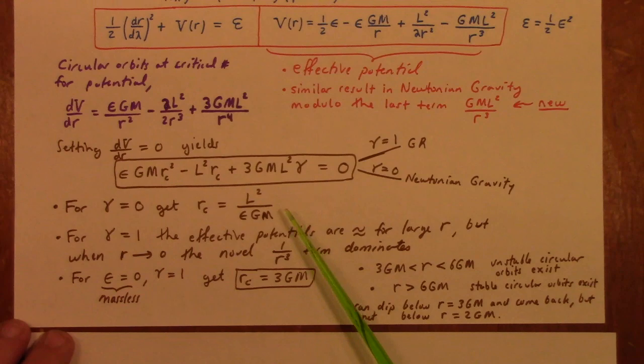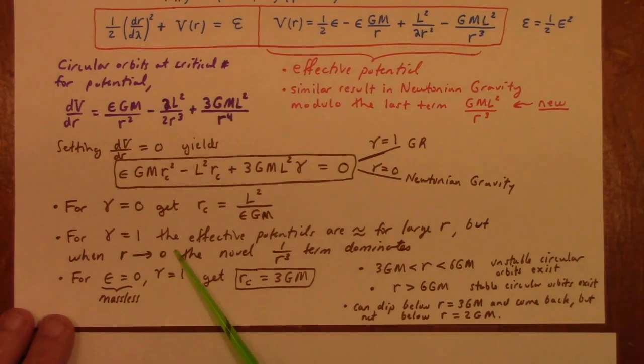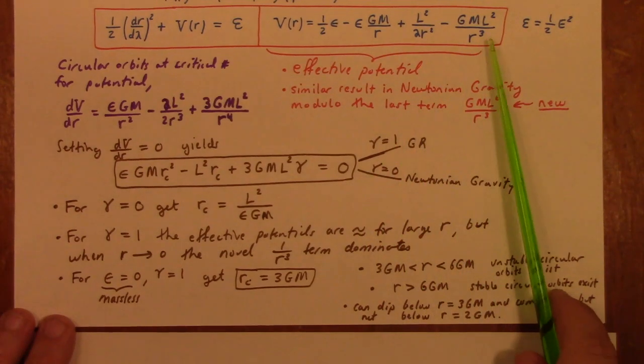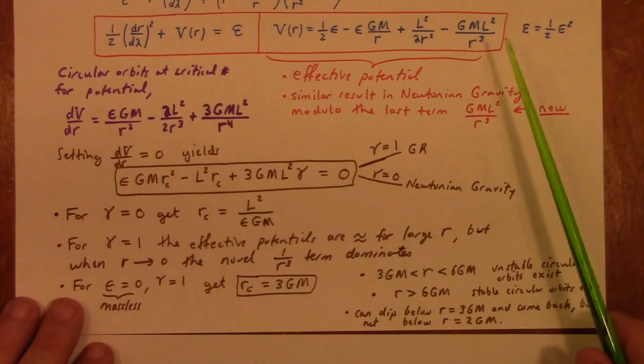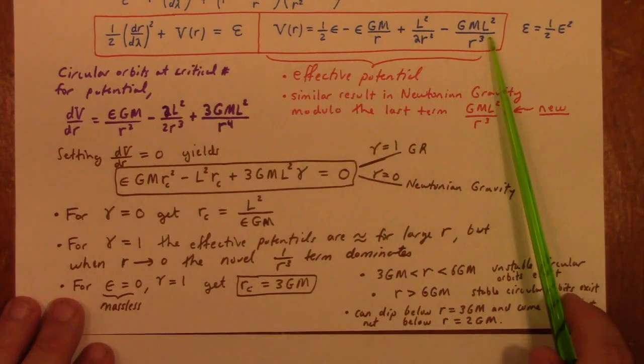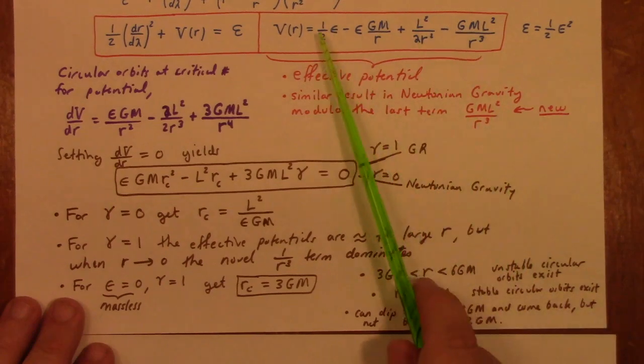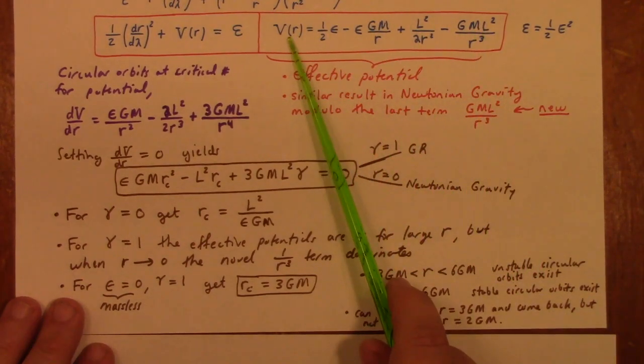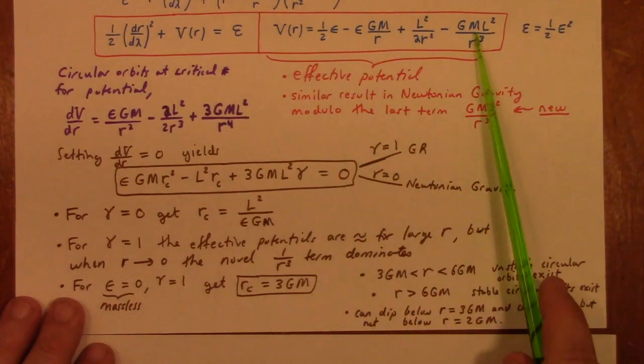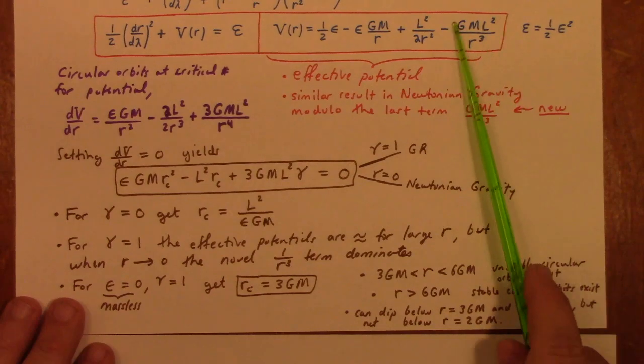On the other hand, if we have gamma equal to 1, then the effective potentials are approximately the same for large r. So if you think about r being large, the difference between general relativity and Newtonian mechanics, in terms of the potential energy's dependence on the radius for the spherically symmetric problem, is really tiny.